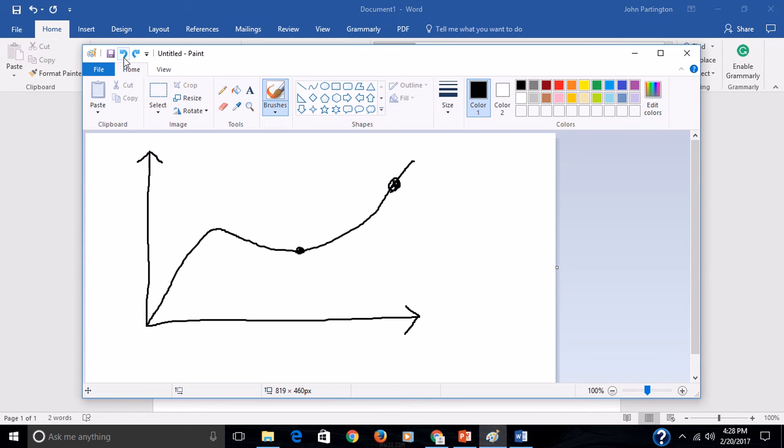The farther and farther these points get apart, the more inaccurate they become. So say I want to do the average slope from here to here. This line here is not going to be very accurate. What this shows us is that the closer these points get to each other, the more accurate we're going to have slope at one point.